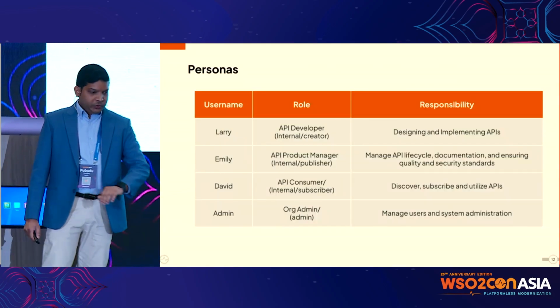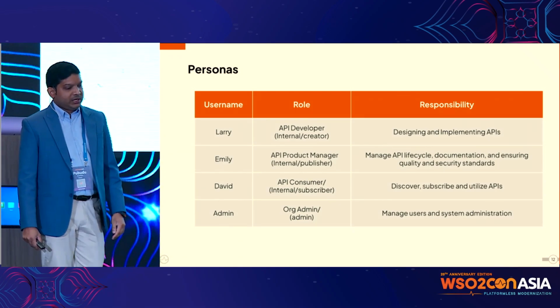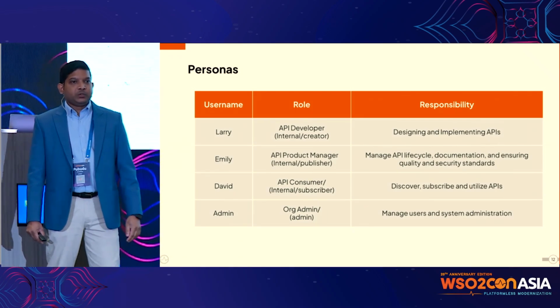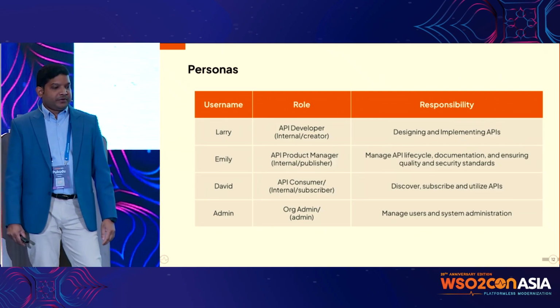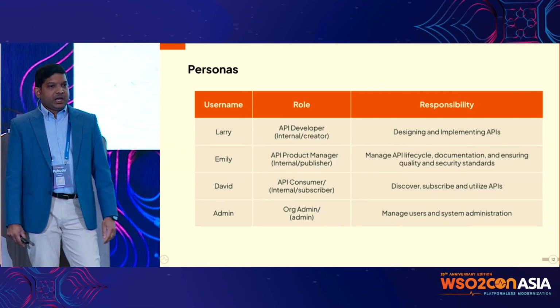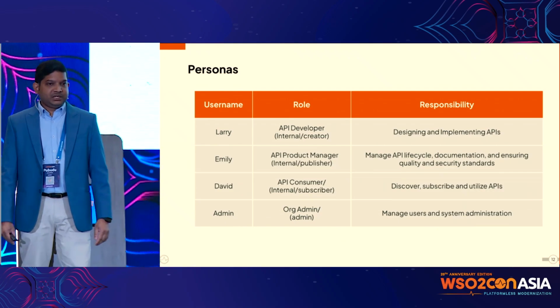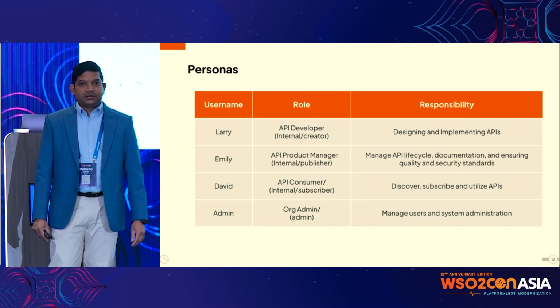So just to go through the demo, I have come up with the personas, which cover the personas in the API management software that we have. So we have 4 key personas here. API developer is the one who develops the API for the services.